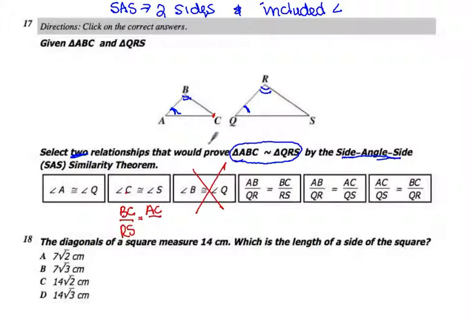AC is proportional to QS. Let's look. Does any of this match? There's BC over RS. No. So I need AC over QS. That's not working. AB over Q. No.